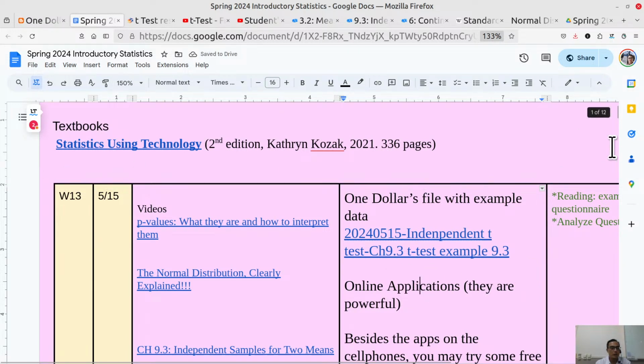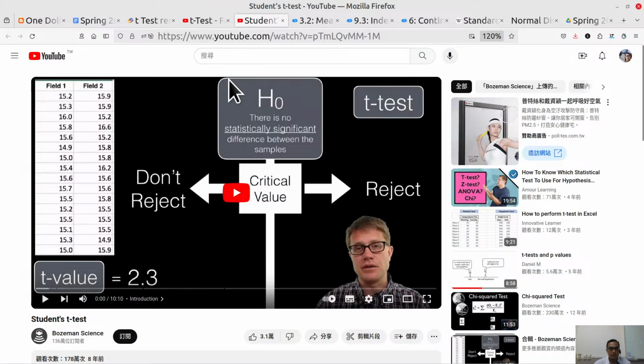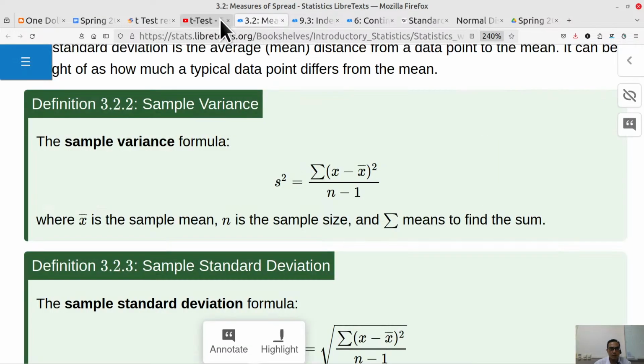Okay, then we can go to the next problem here. Not this one, not this one. Okay.